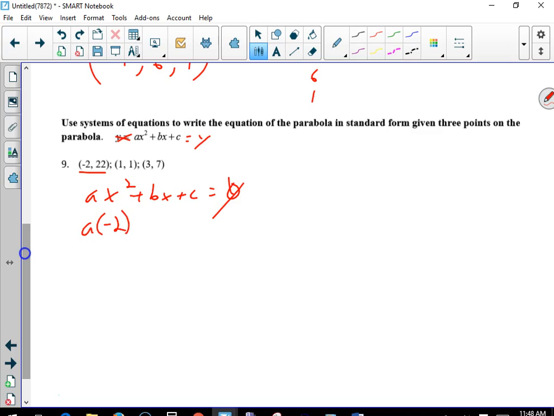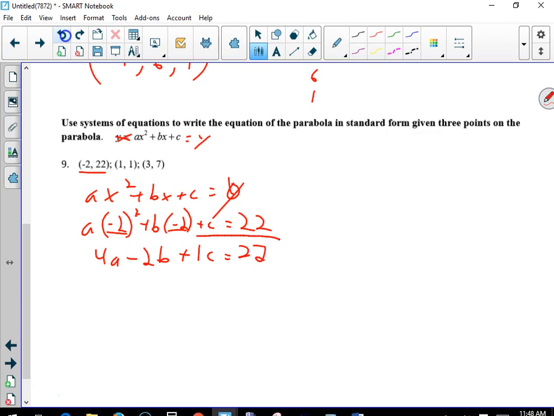A, -2 squared plus b, why put that in parentheses? -2 squared plus b, -2 plus c equals my y of 22. Now, this is going to become my coefficient. -2 squared is 4a. This becomes my coefficient of b, -2b. C is always going to be 1, 1c, and 22. And like I said, then you put a box around it.